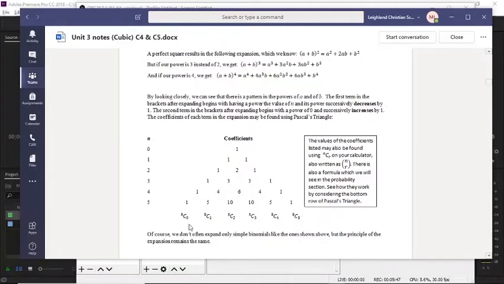There is no other one after or before it. If we had the next row, it'd be 6C0 going all the way to 6C6. This row would be 2C0, 2C1, and then 2C2, and that's all. That's how that works, and that's the notation for it.